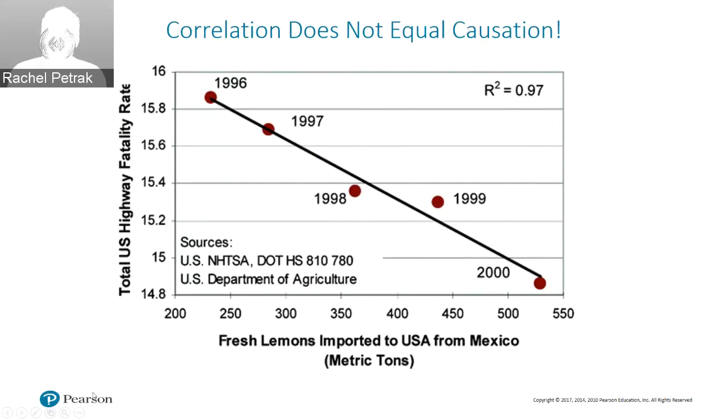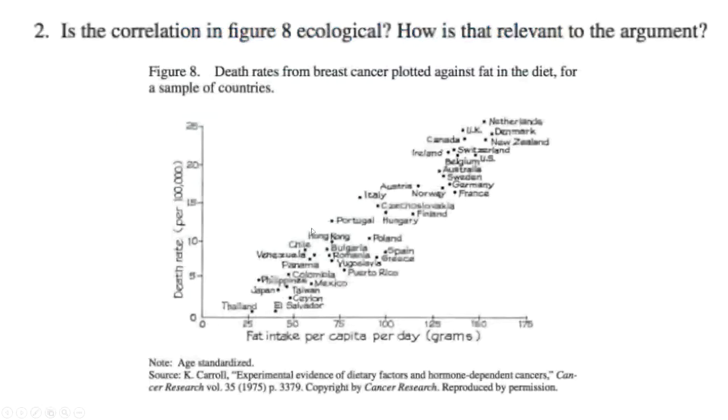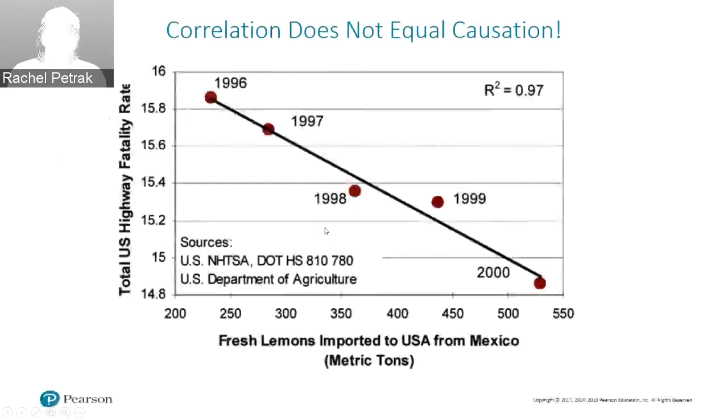This topic is one you should definitely want to feel comfortable with. I can promise you it'll be assessed on this exam and the final. It's a really important point. Oh, before we move on, is this an ecological correlation?